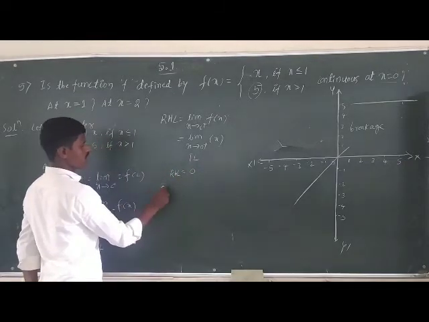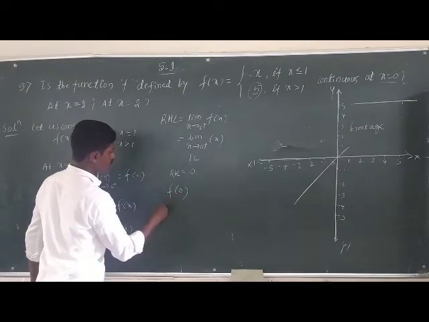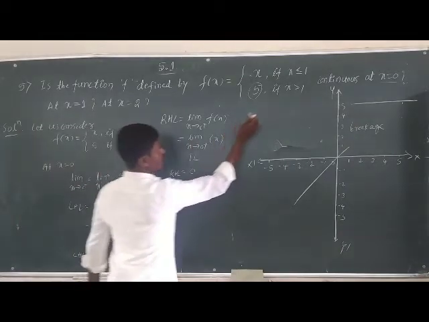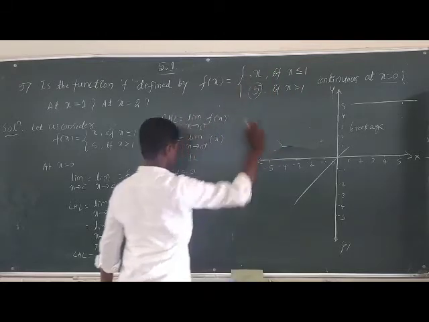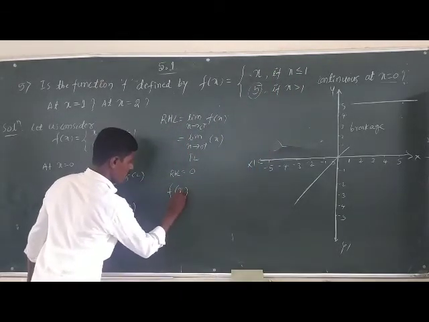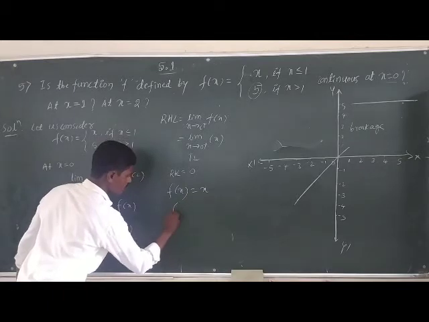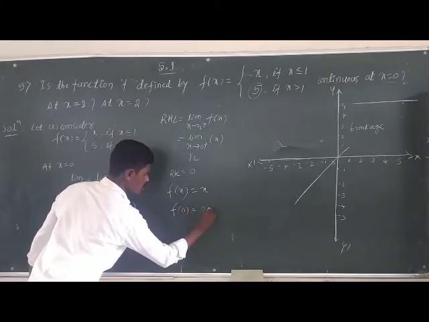And we check the continuity with the value of f of 0. The equal sign is included here, so on that occasion the function is x. Therefore f of x equals x, and f of 0 equals 0.